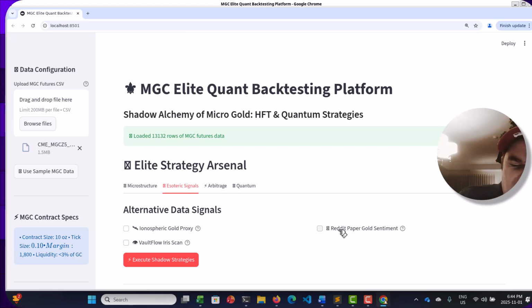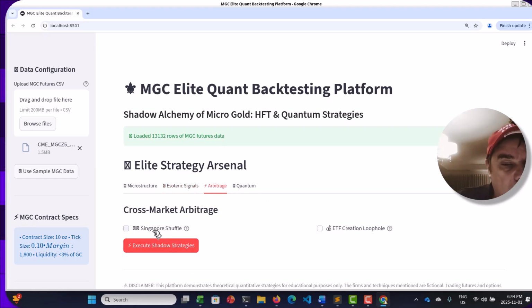Here's one for tracking Reddit. So here we got some arbitrage one. This is taking advantage between the Chicago transfers of gold and the London transfers of gold. I think Switzerland's involved there. And then there's fakery ETF creation loophole.